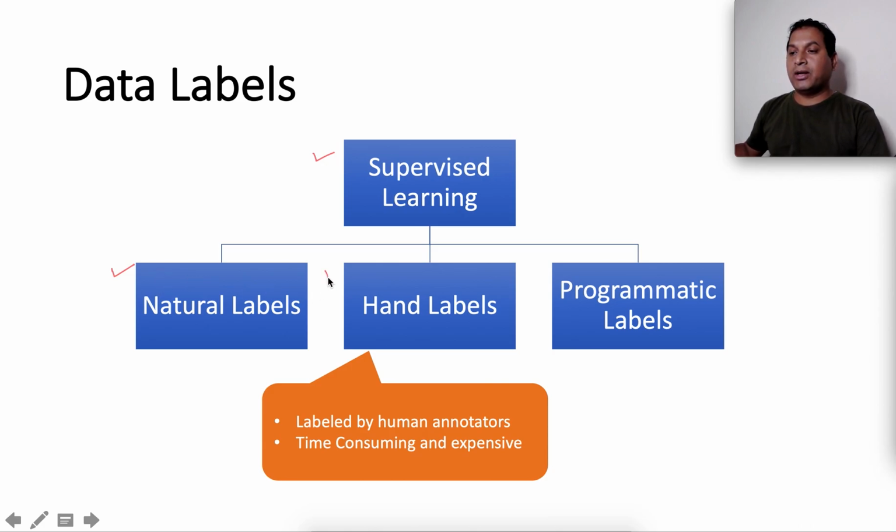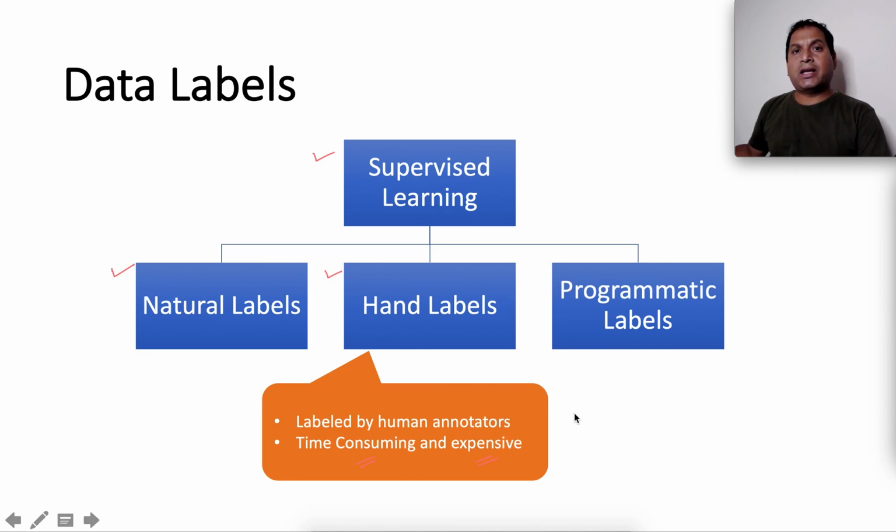These are called hand labels, and typically it's very time consuming and very expensive to generate those labels. We discussed one technique called active learning in one of the previous videos, which helps to identify the most valuable samples or examples to label, which reduces the total time or effort taken to label the data.